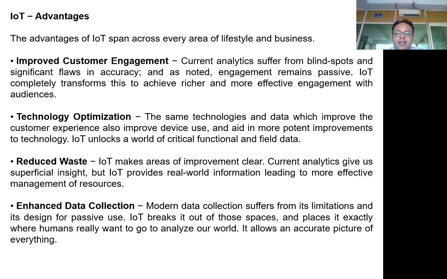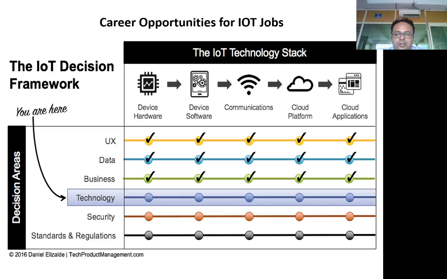And another advantage of the technology is that you are going to get a lot of data, which you are going to use in taking business decisions, right? So improved customer engagement, technology optimization, reduced waste, and enhanced data collection are going to be the major benefits of IoT technology.